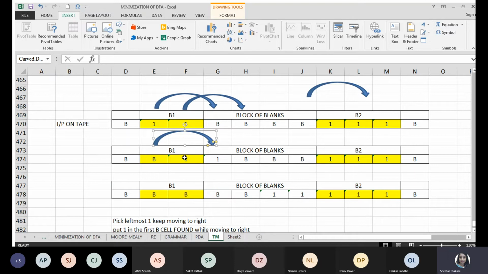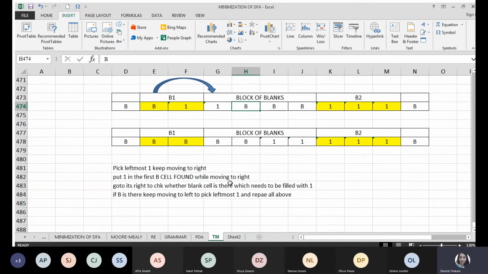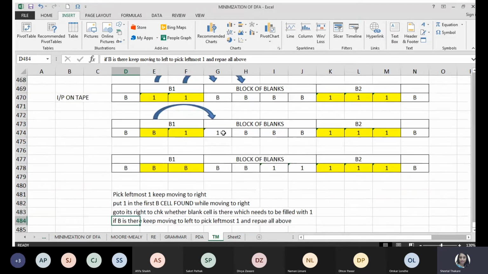Next, you need to shift this 1. So first you are checking to its right whether a blank is there which needs to be filled with 1. If blank is there, keep moving to left. If B is there, keep moving to left to pick the leftmost one. How will you know that you need to pick this one?